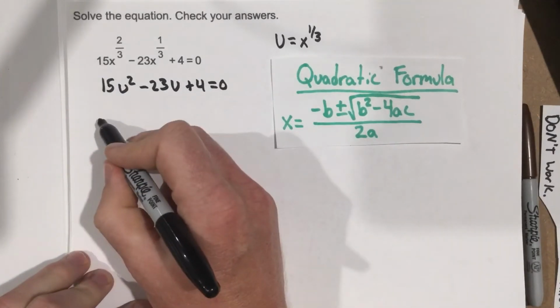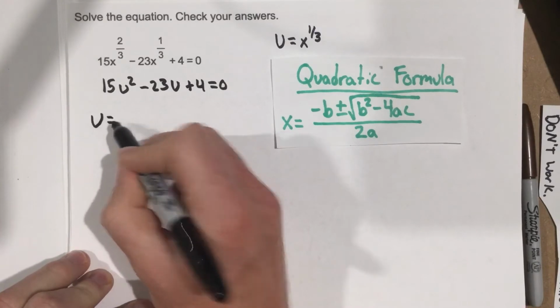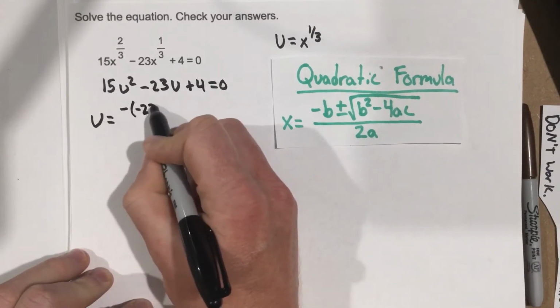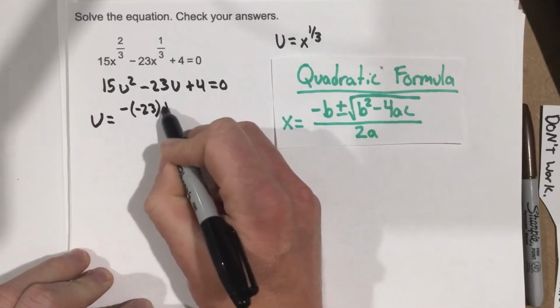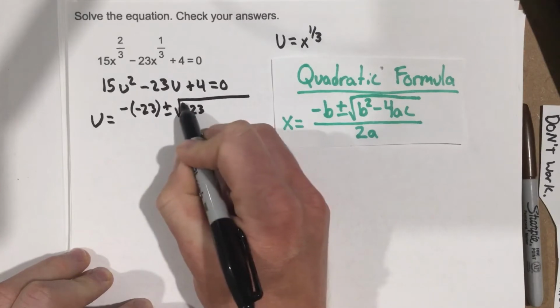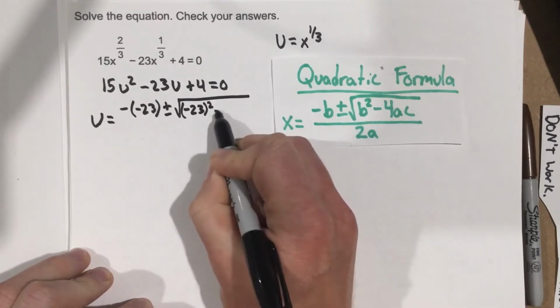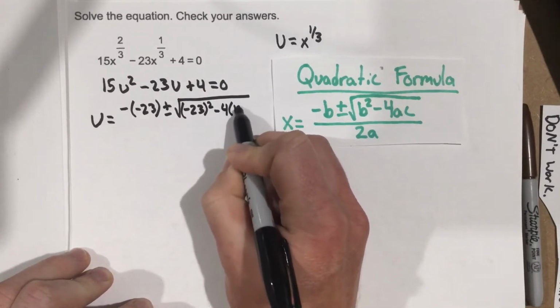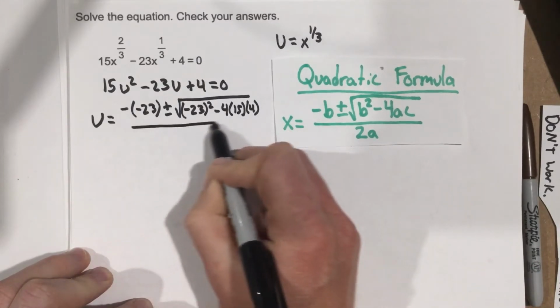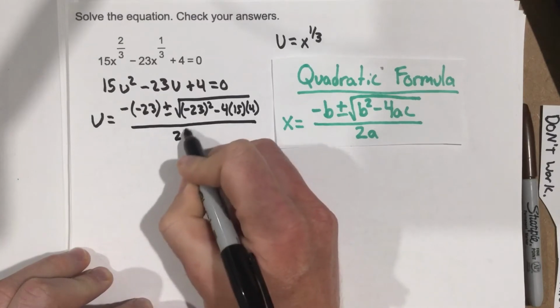So we're going to say u this time, not x, u equals negative 23 plus and minus root negative 23 squared minus 4 times 15 times 4 all over 2 times 15.